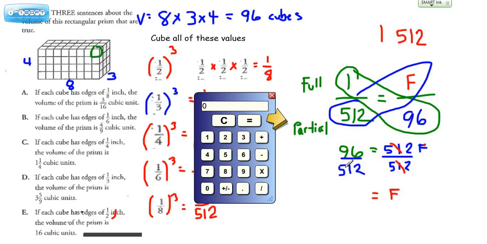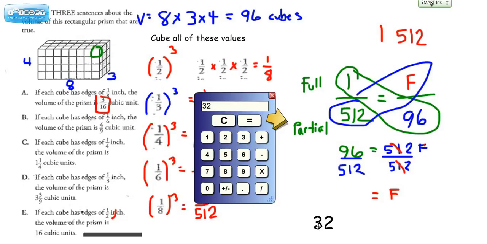Now see how this is not an improper fraction? It's a fraction. And really what we need to do is simplify it to see if we get this. Now if we simplify that, we would want to think what might be the GCF of 96 and 512. So since we're getting 3 here as a numerator, let's look to see what 96 divided by 3 is, and then that might be our GCF. All right, so we're getting 32.